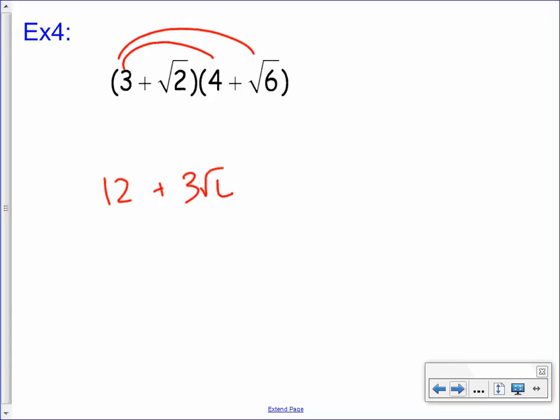3 root 6 plus... Now what? Combine which ones? You can't. The root 12 can be simplified, right?